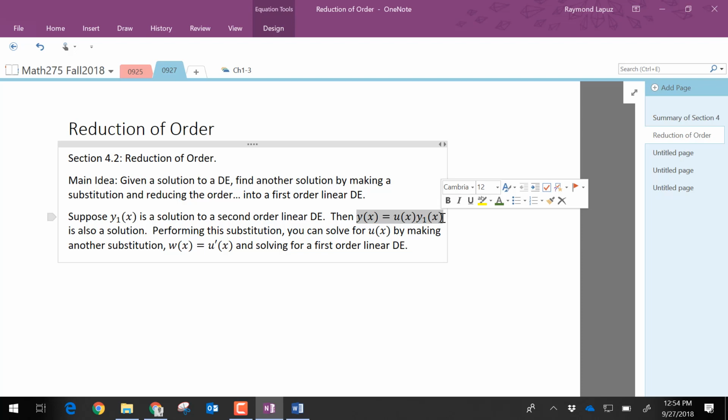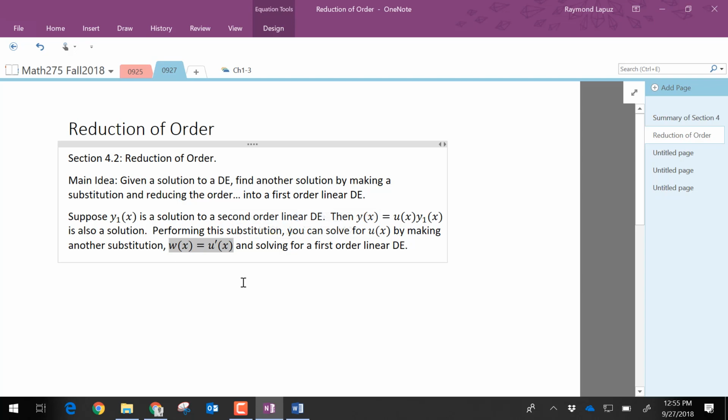And then when we do that, we should have a differential equation with a u in it. That differential equation is probably still going to be second order, but you'll see that we're going to find a way to reduce that to a first order by doing yet another substitution.